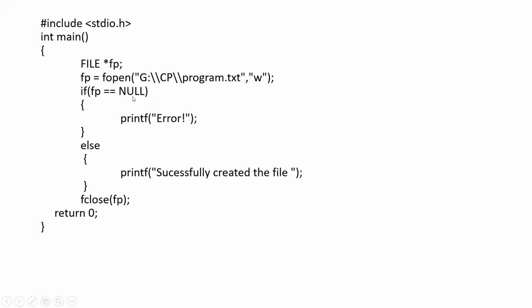If fp is equal to NULL, that means the file has not been opened. So we can print the error. Otherwise, we can print the message successfully created the file. Now we can close, fclose fp, return 0. So this program just opens a file, checks whether the opening is successful or not, and then closes the file.